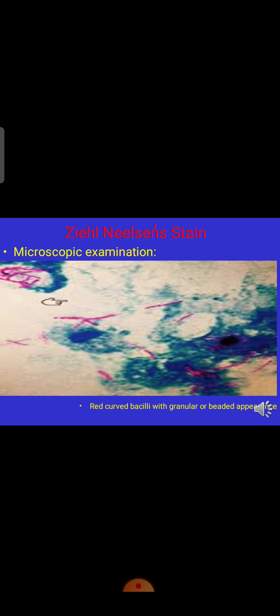The acid-fast bacilli appear red, slightly curved, bent, beaded, granular bacilli. The length is 1 to 2 micron and the width 0.1 to 0.2 micron. So they are beaded, granular, red stained, curved, bent bacilli with tapered ends.